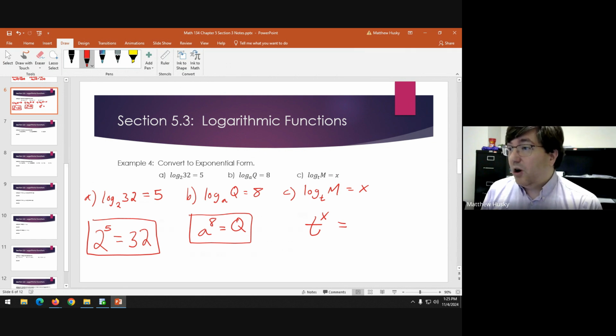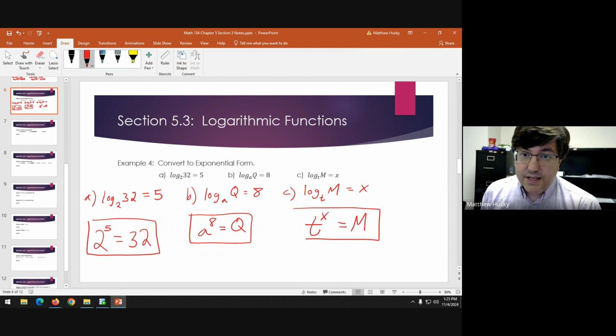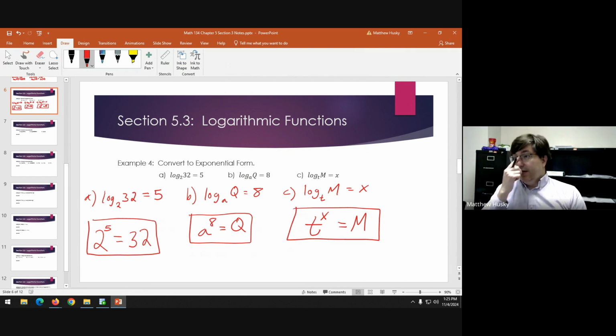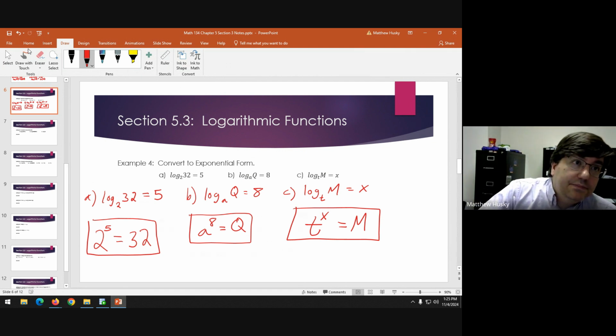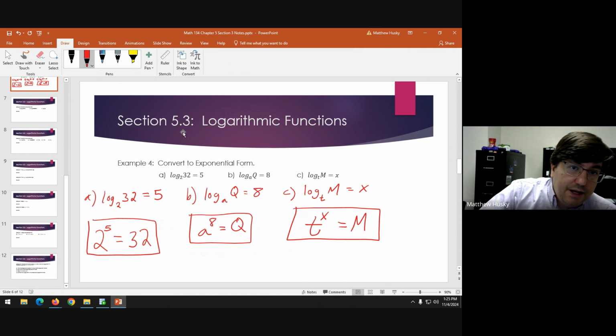Whatever's inside the logarithm is what you would get from working out the power. So in this case, that's capital M. T to the X power is going to equal capital M. Okay, so far so good. What else do we have in store for us?